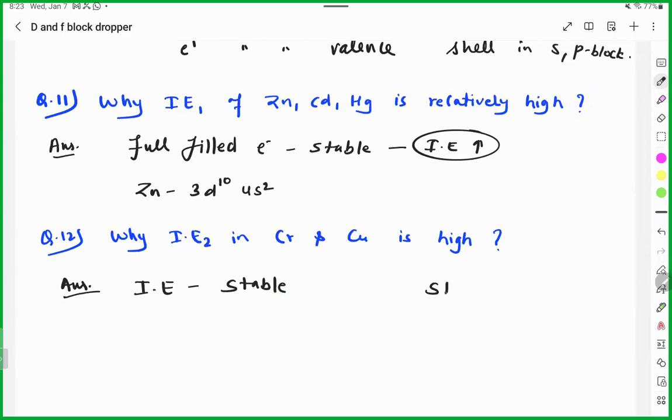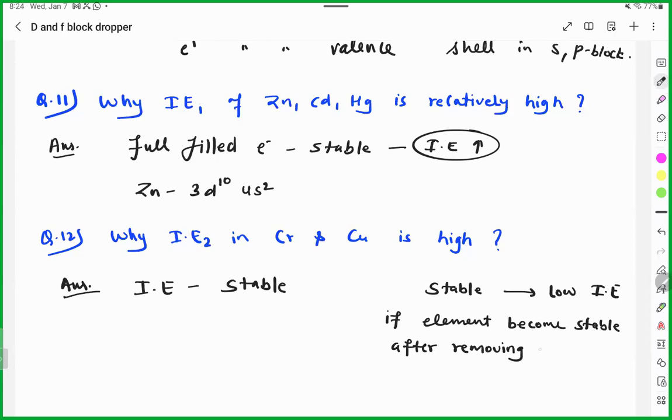If the element becomes stable after removing an electron, then you will see that there will be low ionization enthalpy. Why did I write low here? It will be very, very high. Sorry, high.